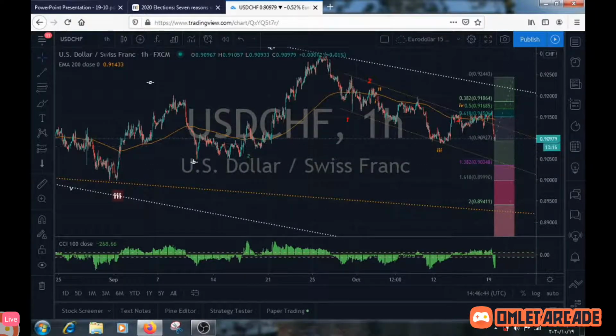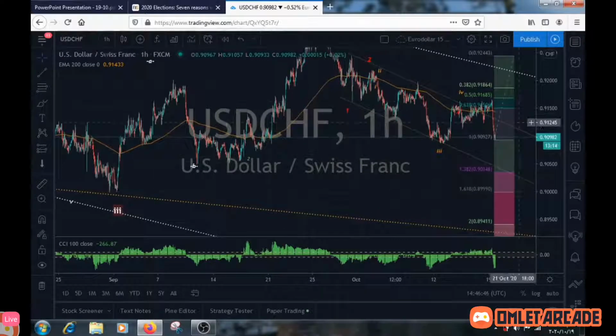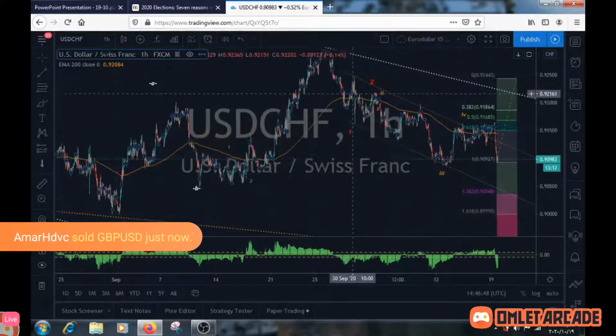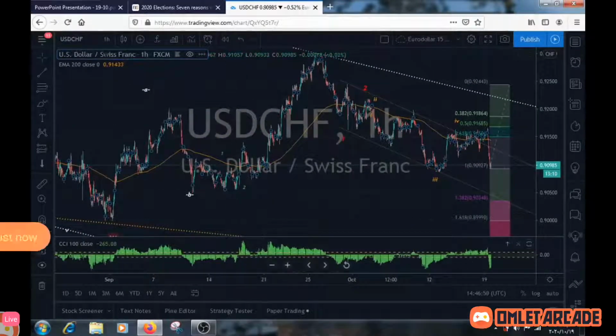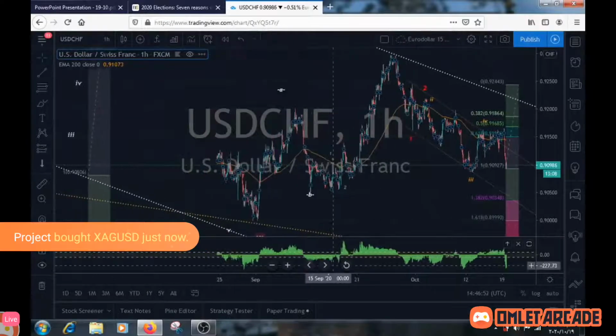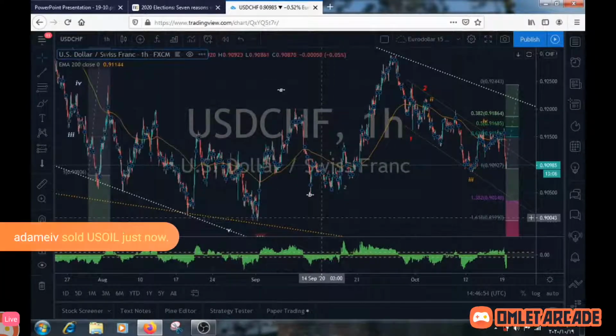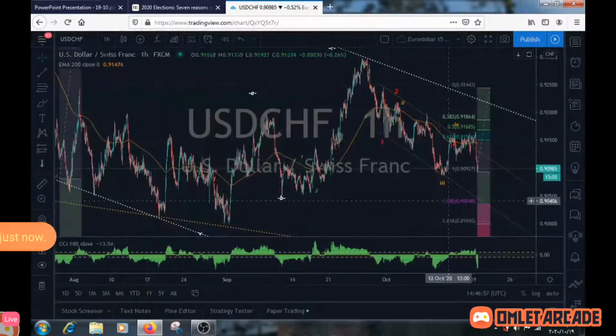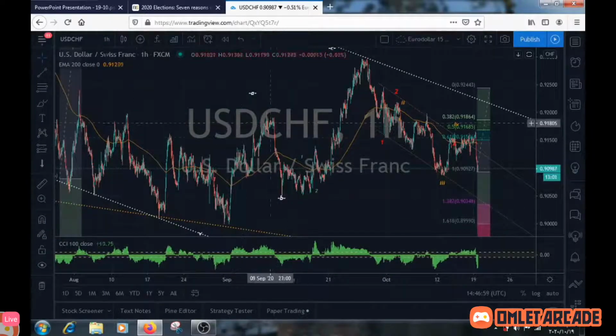But entry at this point does not give you that kind of good risk reward, so it's best to reserve your ammunition, like they say, reserve your money for a correction higher to sell at least at shoulder level.